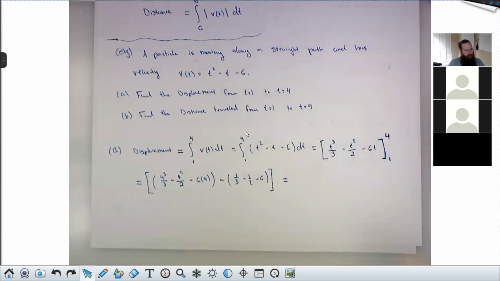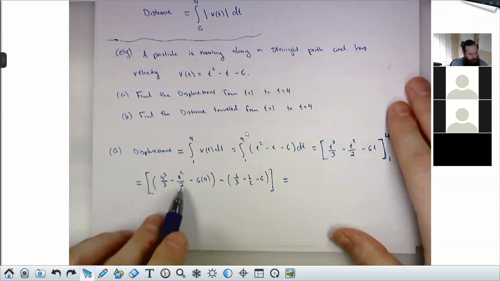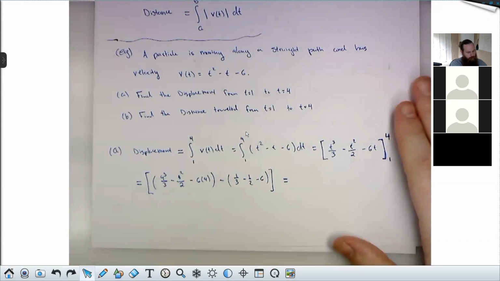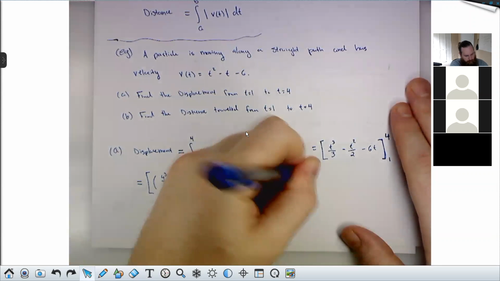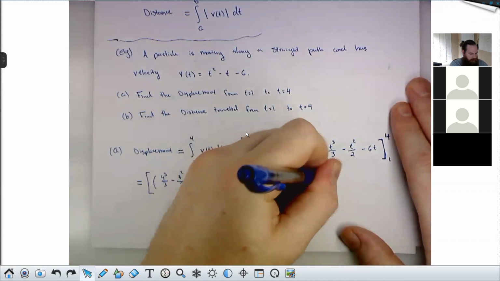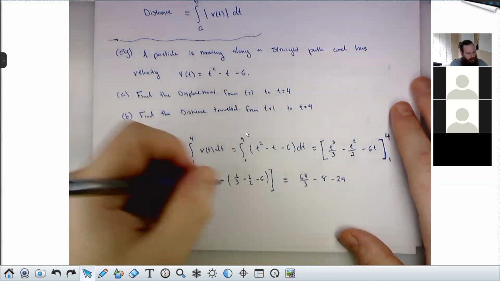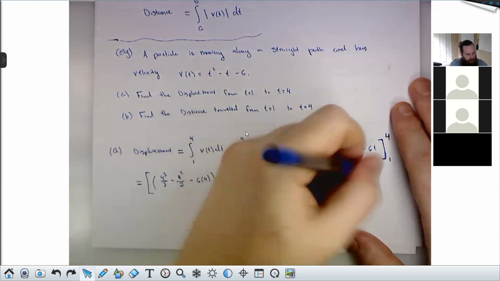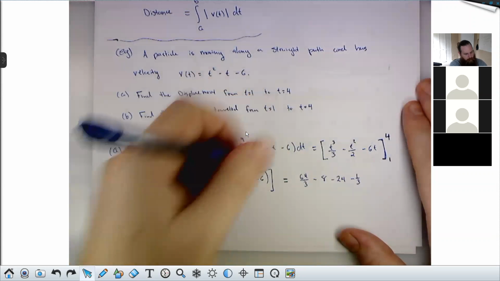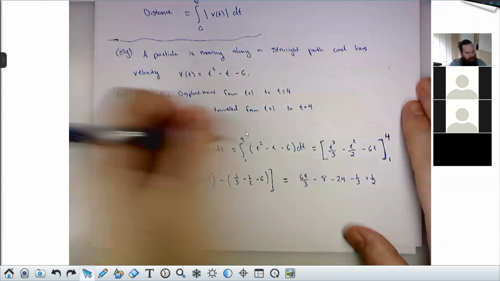We could crunch this out. This is 64/3 minus 16/2 minus 24, and 16/2 is 8, minus 24. And then minus 1/3 plus 1/2, distributing this negative, plus 6.